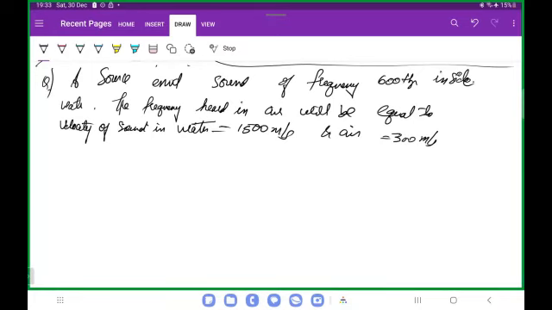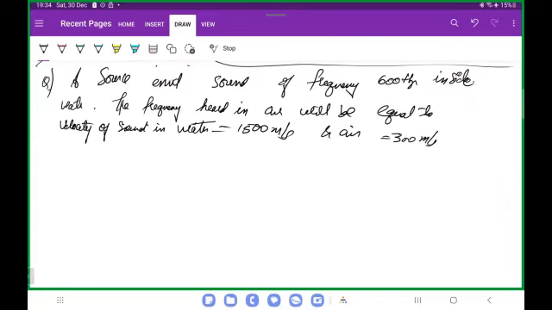See how to start this one. First, find out the relation between the frequency of this object, whatever it is, and the medium, inside the water and outside the water. If there is a relation, then we need to use it. The speed of sound in air and in water is given.